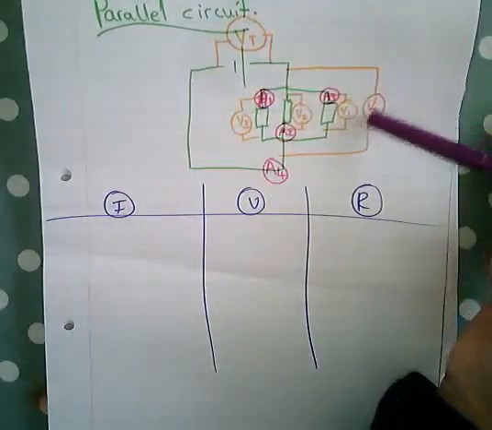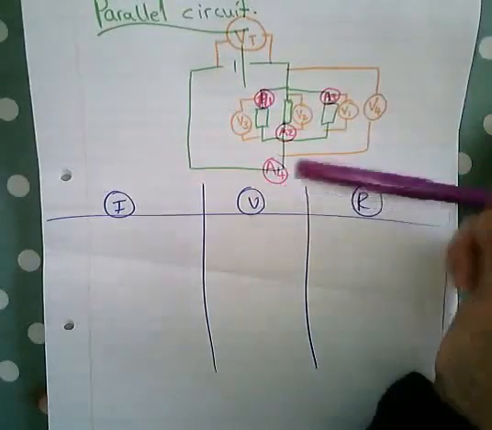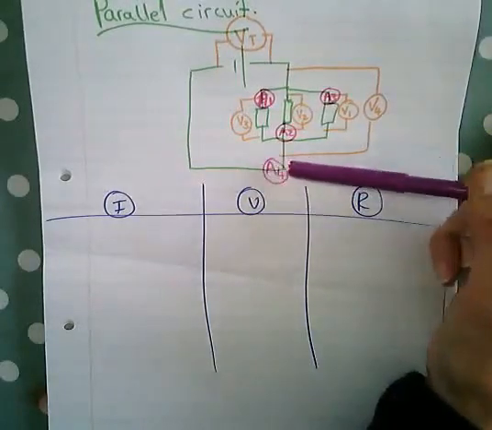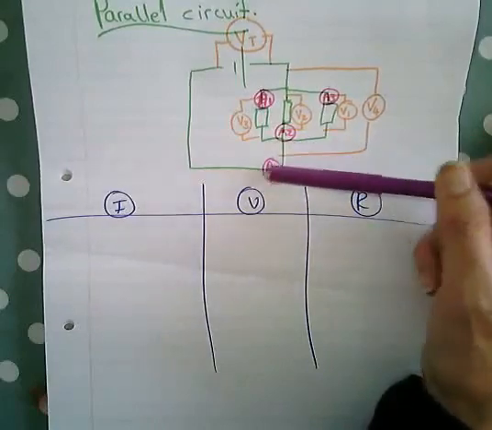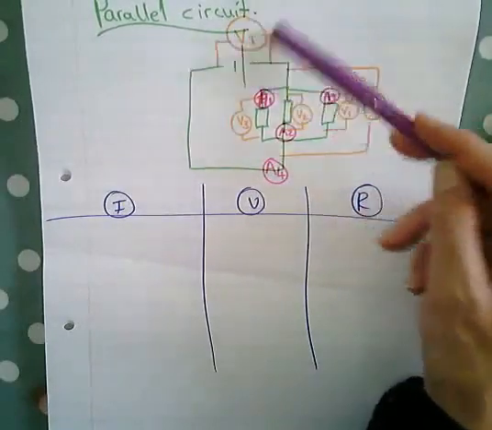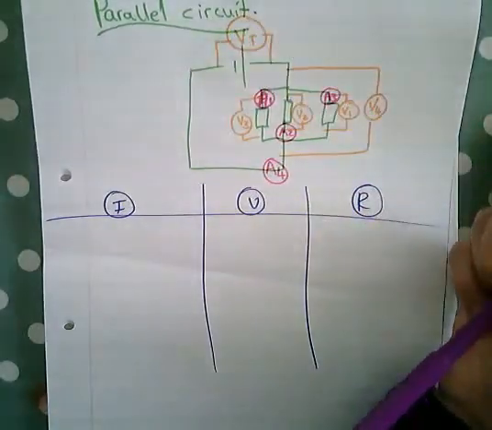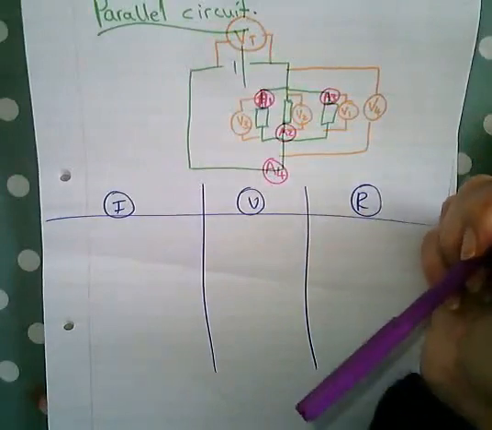Now you can see here that ammeter 4 measures the total current, right? And the terminal potential difference measures the difference across the whole battery.